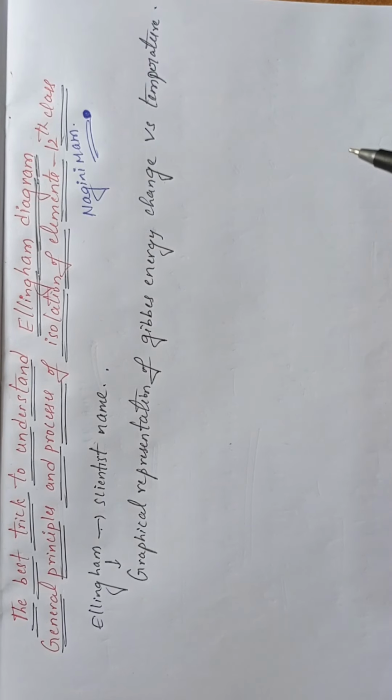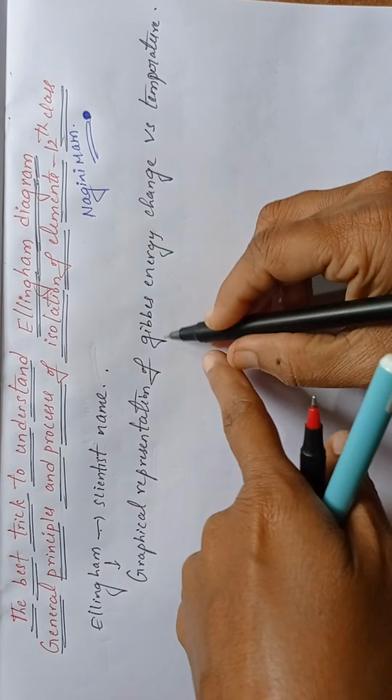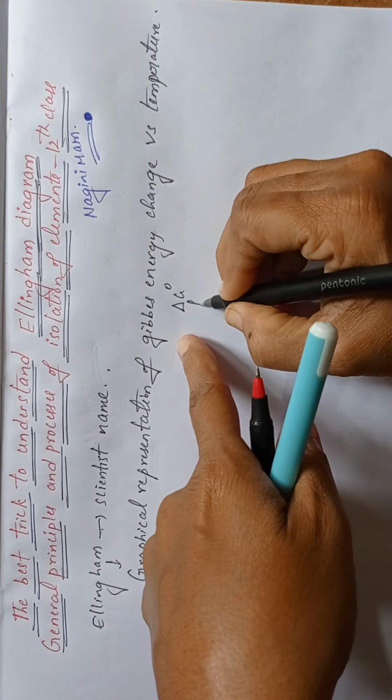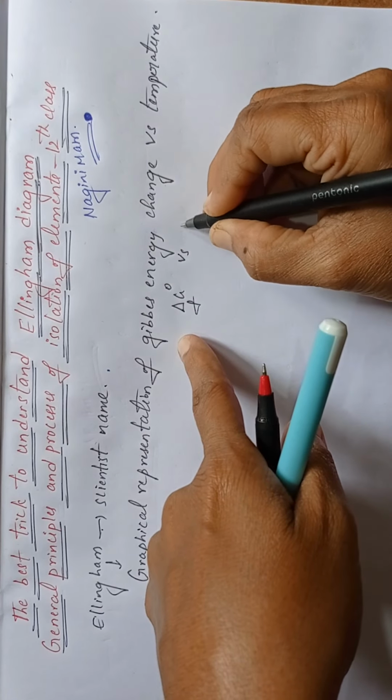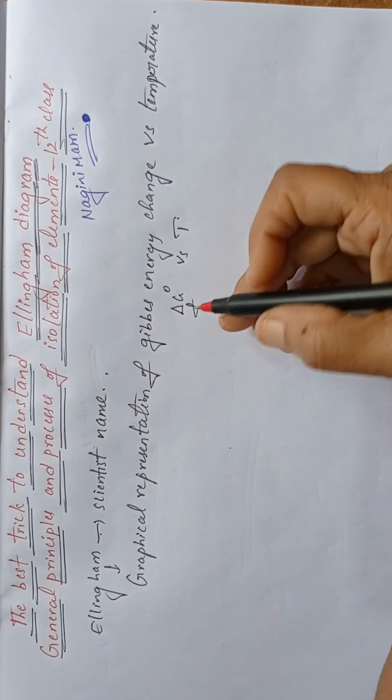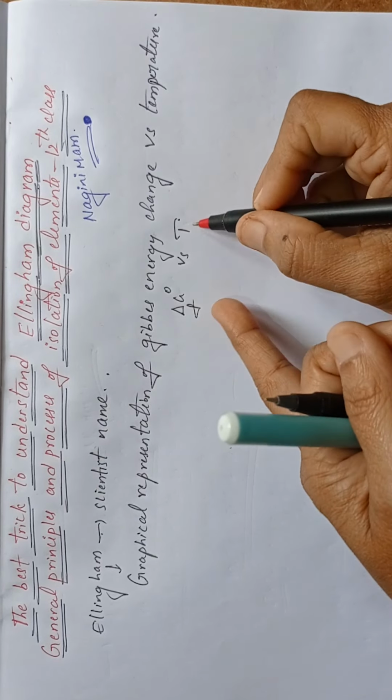And what is the 'versus temperature'? Gibbs energy change is nothing but delta G naught f versus temperature. So he gave the graphical representation of delta G naught f versus temperature.